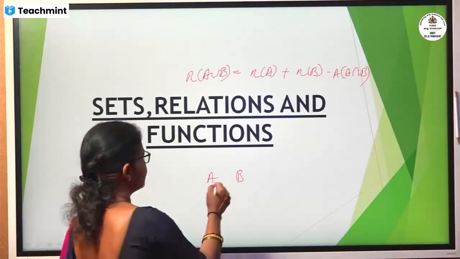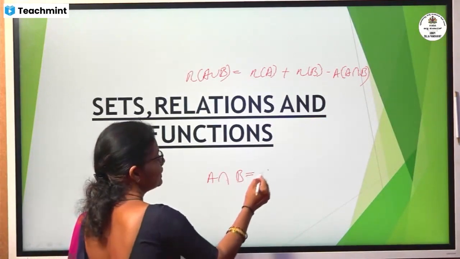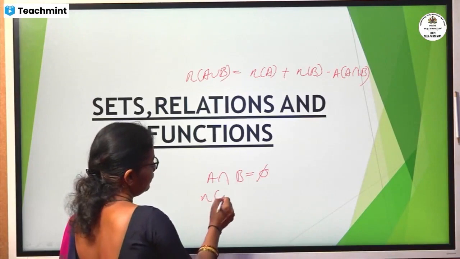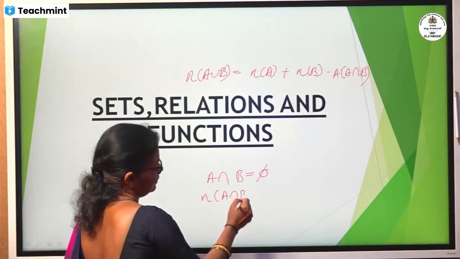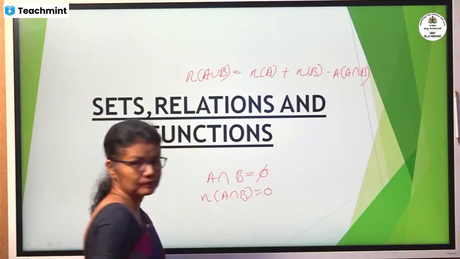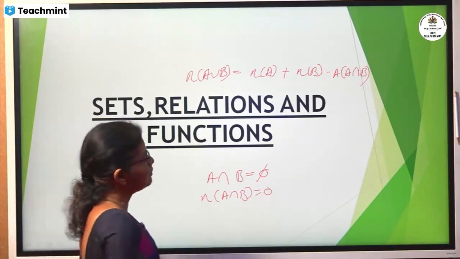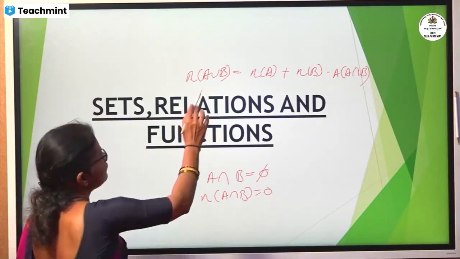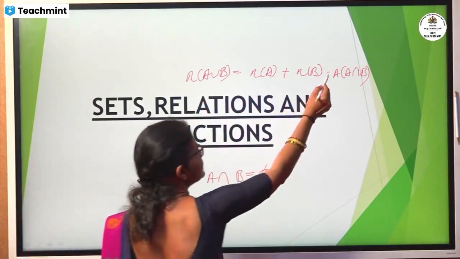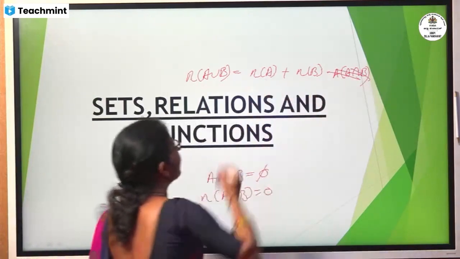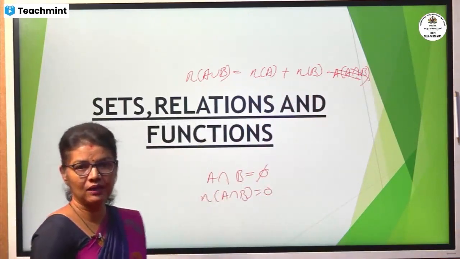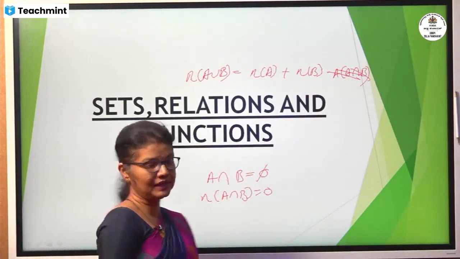Disjoint sets means the intersection will be the null set. So n of A intersection B equals 0. So when A and B are disjoint sets, this portion won't be there. n of A union B equals n of A plus n of B only.